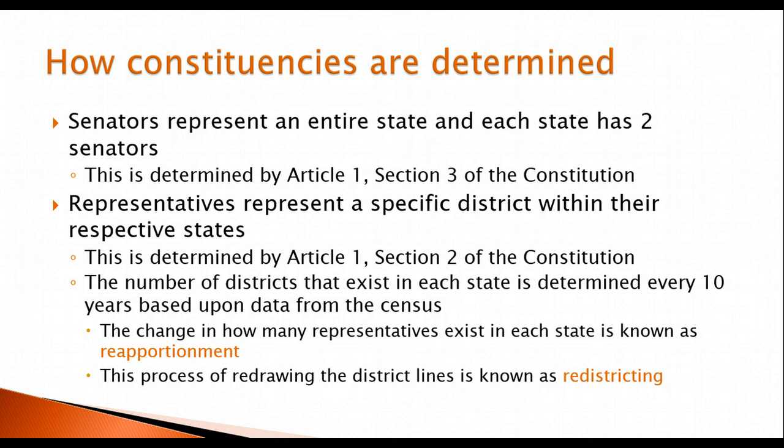So reapportionment is the process of changing the number of representatives that you have in each state. After you have changed the number of representatives for each state, you then need to redraw the districts. So the actual redrawing of the lines is known as redistricting. Okay, so reapportionment is changing the number of people. Redistricting is actually physically changing the lines.